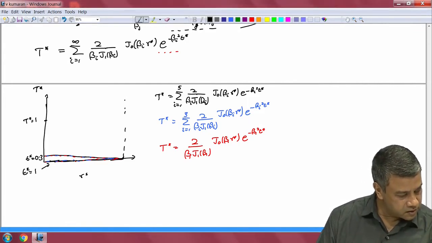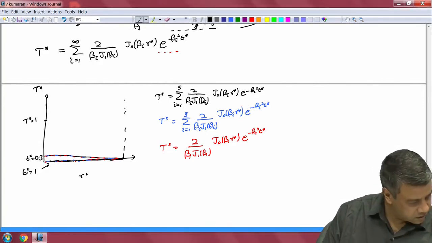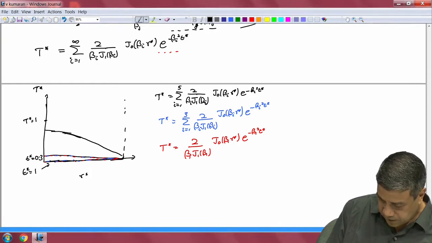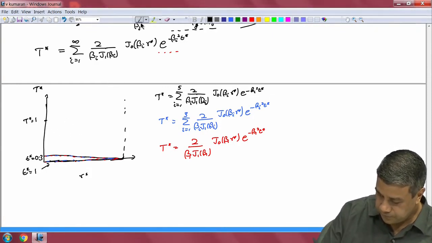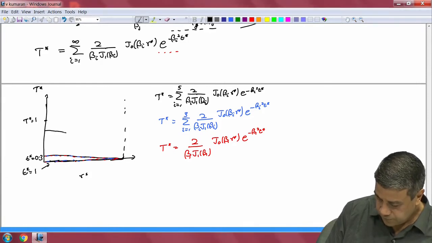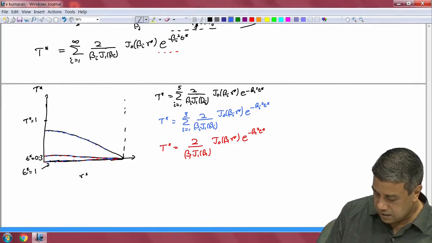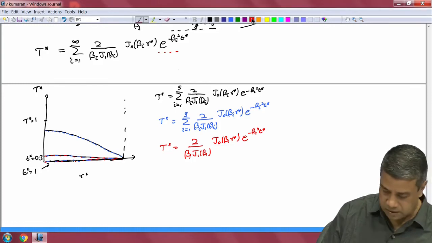At T star equal to 0.1, you start to see some difference. This is the total solution. This is the 5 term series. The 3 term series gets it numerically identical.